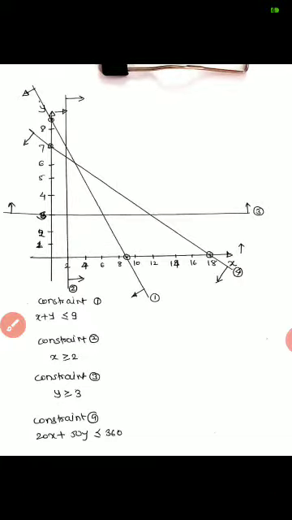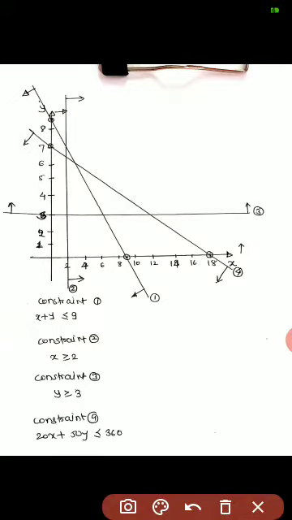For constraint 4, I have drawn the line here by taking the coordinates: for x it is 18 and for y it is 7.2. So with these 2 points I will draw a line and I will say that is constraint 4. Which portion do we have to consider for this constraint 4?